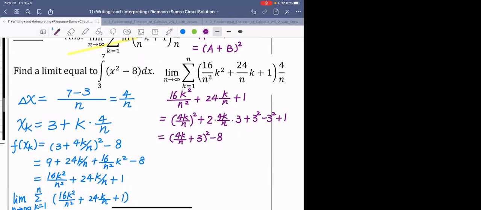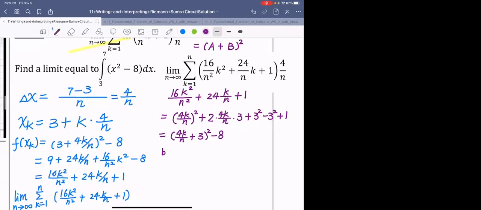Now, when we have here, we know the b over a, and b minus a over n equals to 4 over n, correct? Yeah. And our xk equals to 4 over n times k plus a.